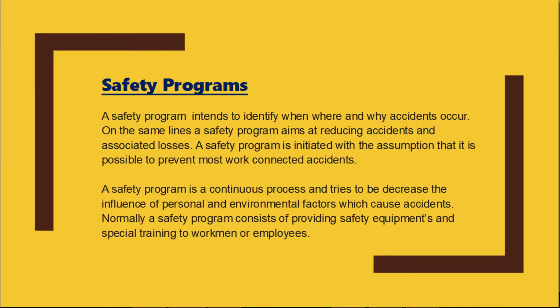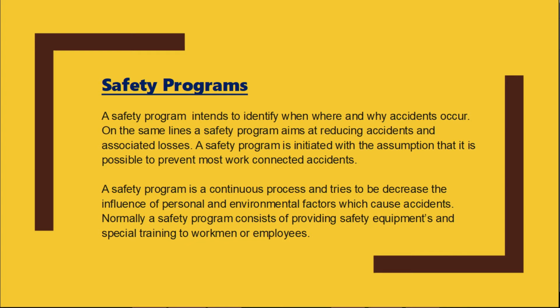Safety programs. A safety program intends to identify when, where, and why accidents occur. On the same lines, a safety program aims at reducing accidents and associated losses. A safety program is initiated with the assumption that it is possible to prevent most work connected accidents.